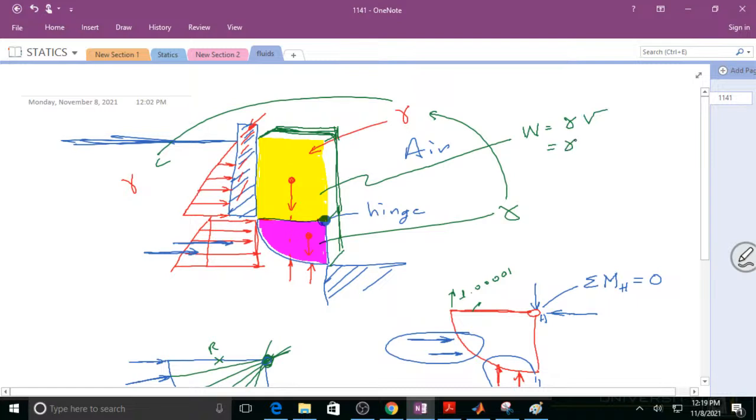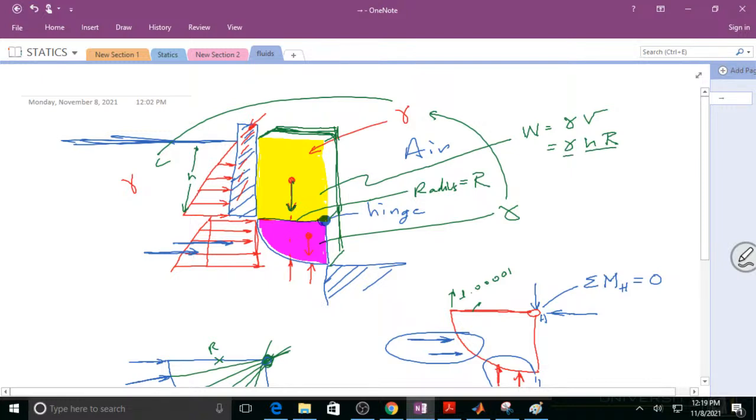Gamma times whatever this height is, from here to here, and then whatever the radius is.